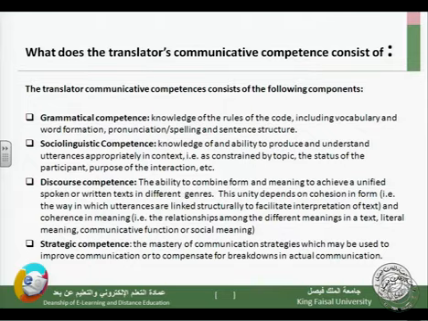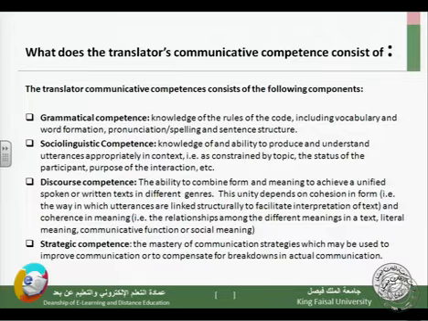In other words, you need to know what kind of genre and discourse is in the text, whether it is spoken or written, whether it is cohesive or coherent, the relationship between the structures in the text, and the link between the sentences and the paragraphs, and so on. So you need to have this discourse competence.